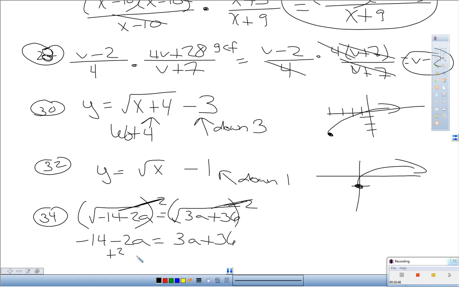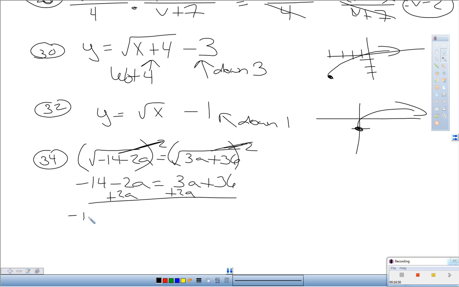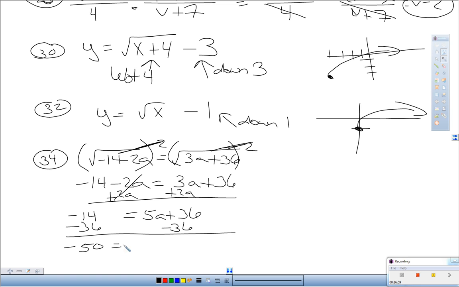So I'm going to add 2a to both sides, and that'll give me negative 14 equals 5a plus 36. And then I'm going to subtract 36 from both sides. That'll give me negative 50. And then divide by 5. That gives my answer of negative 10. And so that's 34.